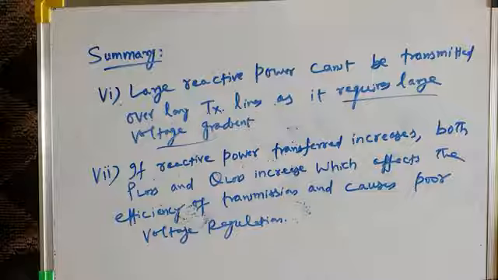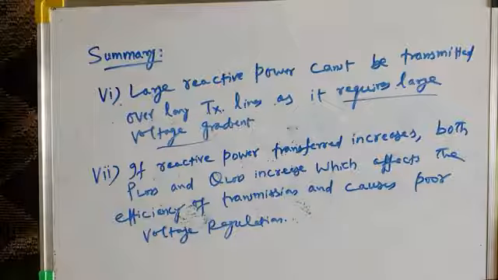And then we developed generalized equations for active power flow and reactive power flow, and then we made some very important observations. The first observation was that the power transfer is influenced by line reactance and transmission angle or power angle delta.